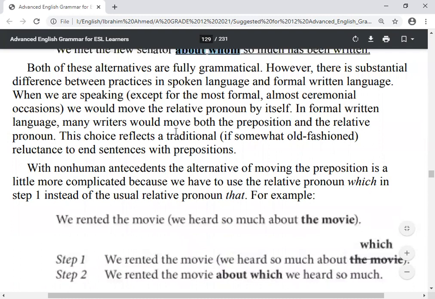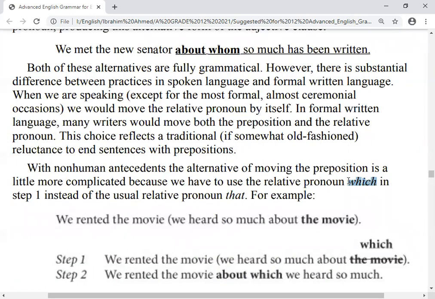Okay, it was a tradition. With non-human antecedents, the alternative of moving the preposition is a little more complicated because we have to use the relative pronoun which, not that, this time. We use which after a preposition; we replace that with which in step 1 instead of the usual relative pronoun that.